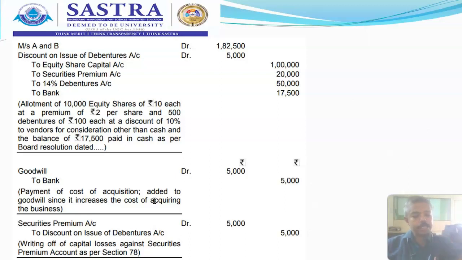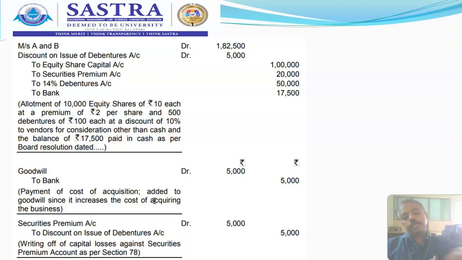The next is this A and Co. Rupees 1,82,500, the purchase consideration, is debited. And how have these settlements been made? So first journal entry, what is that?